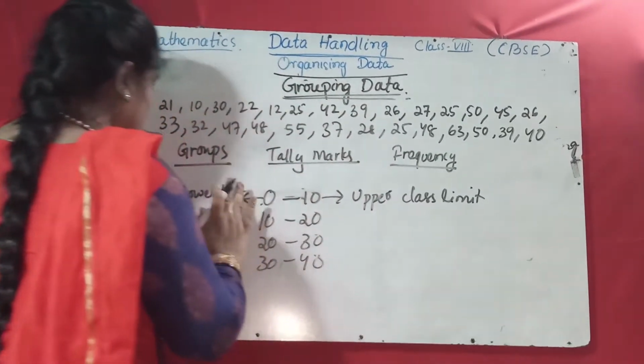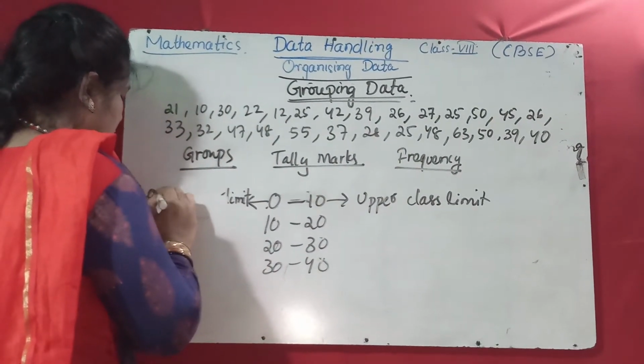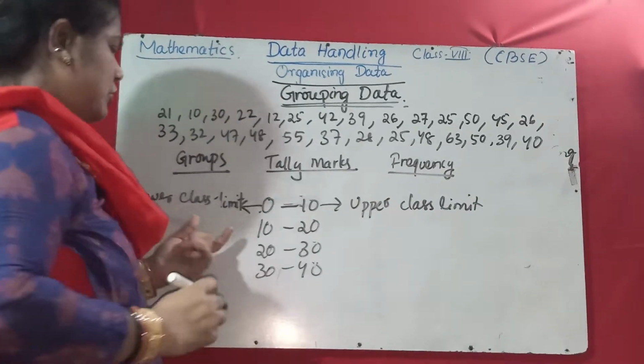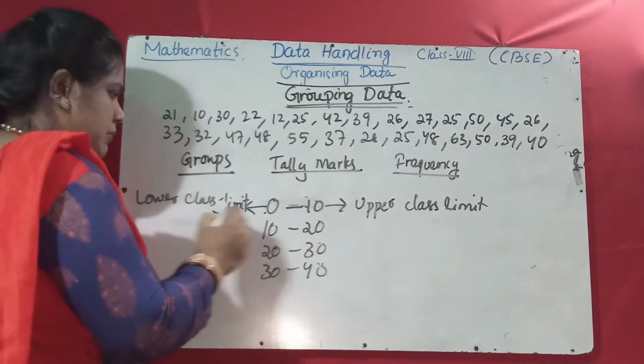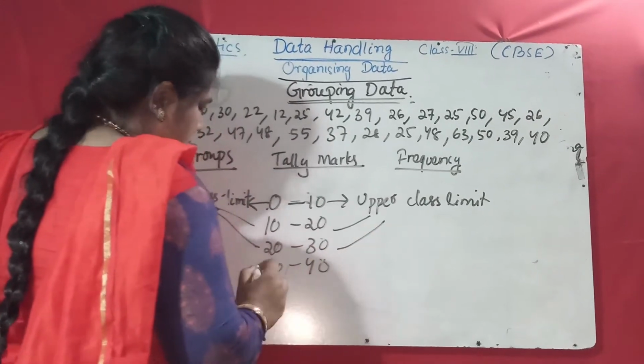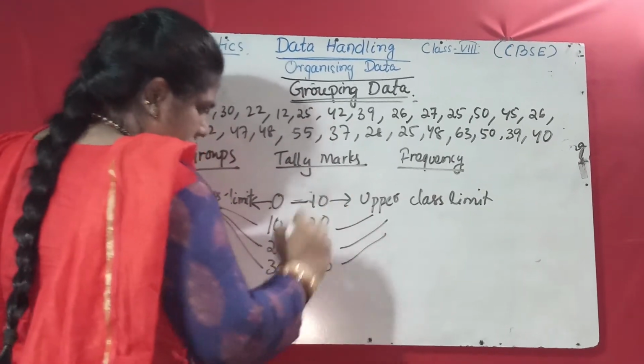So this is the lower class limit, this is the upper class limit, again lower class limit, upper class limit.